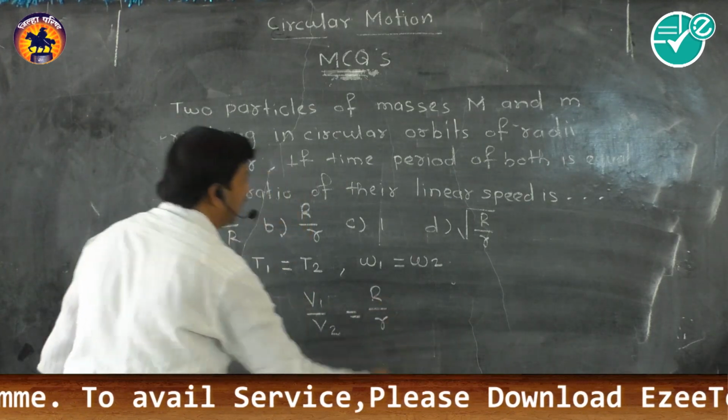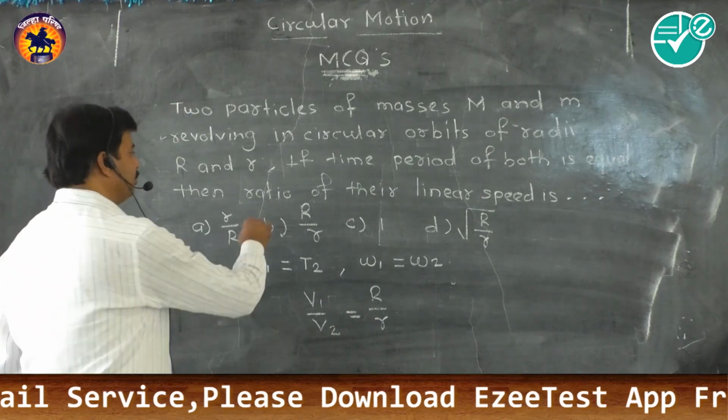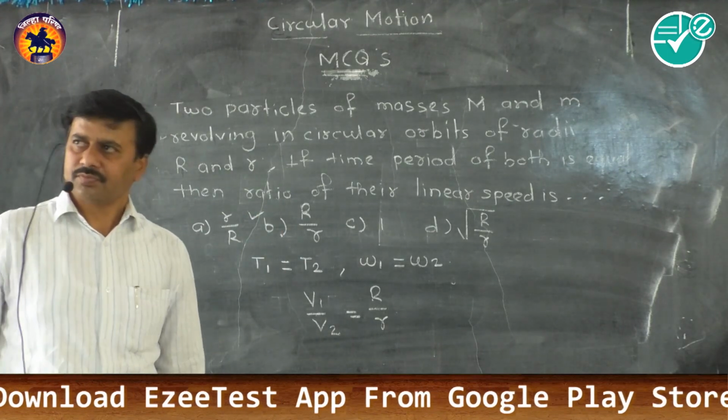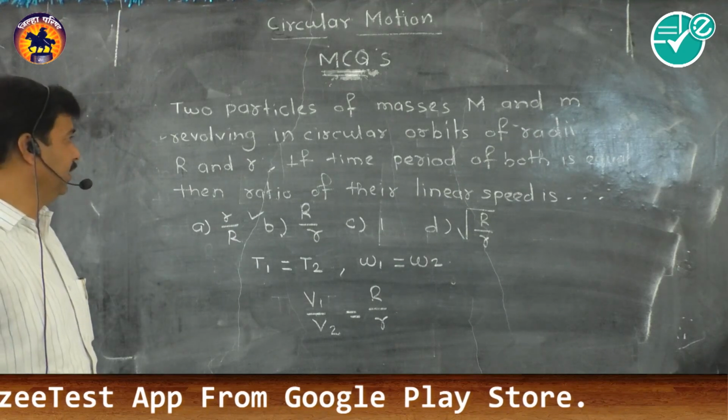So the correct option is option B, that is capital R upon small r, the ratio of the two radii here.